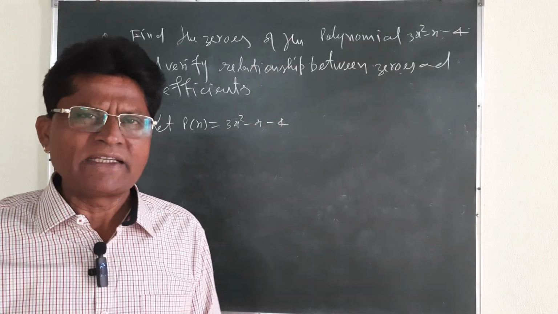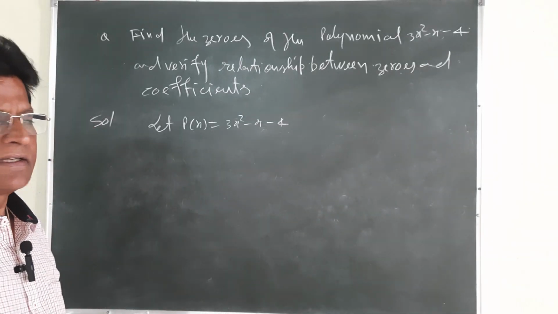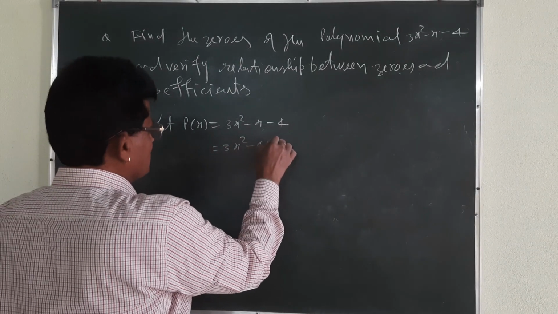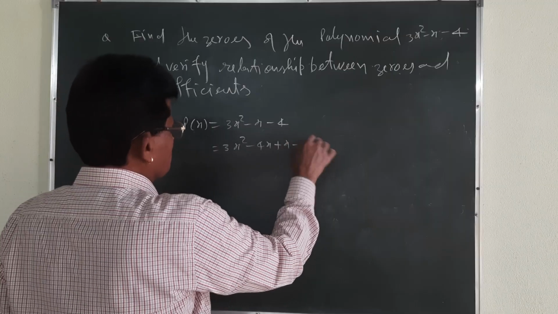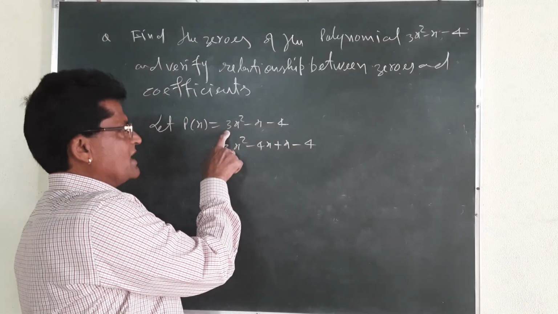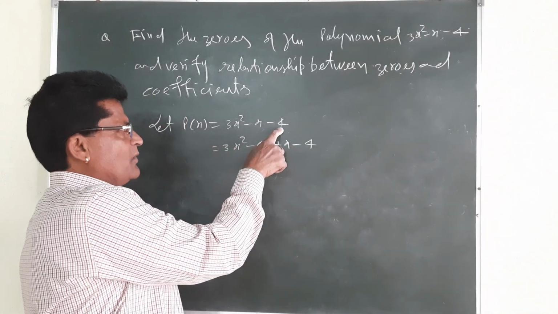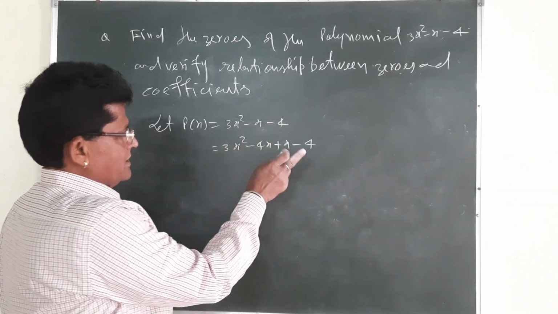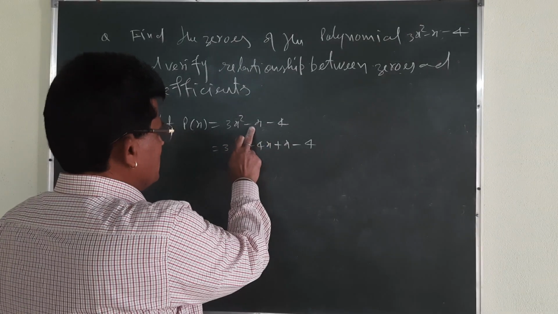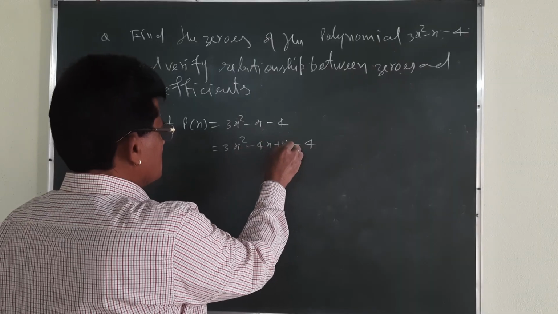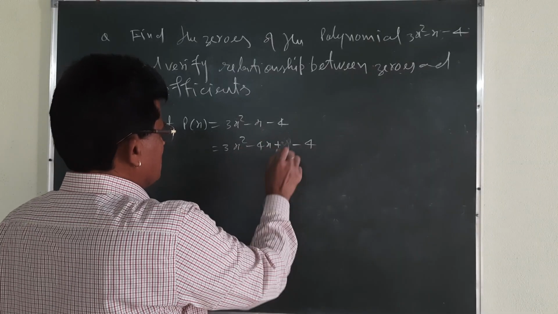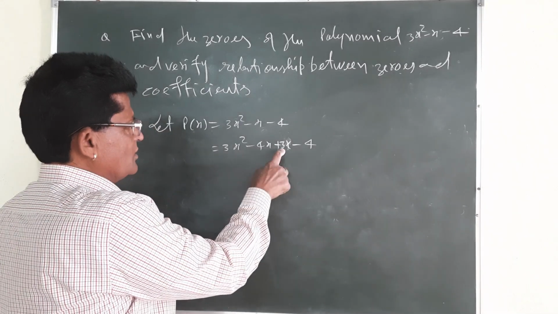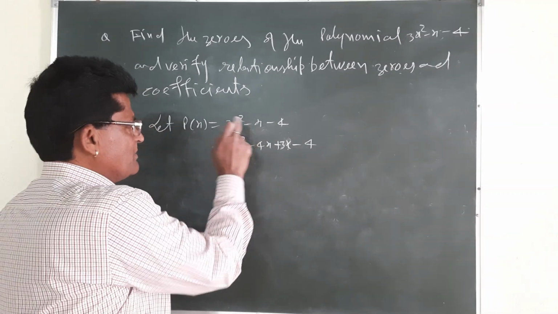You factorize it by splitting the middle term, which you have studied in class 9. Okay, how do you factorize? Coefficient of x square is 3 and the constant is minus 4, 3 times 4 means 12. Here it is minus x, so I am taking minus 4x and plus 3x. 4 into 3 is 12, and their sum is minus x.